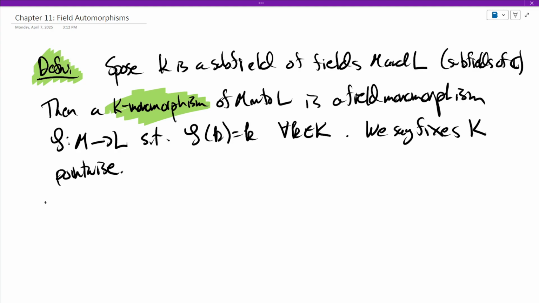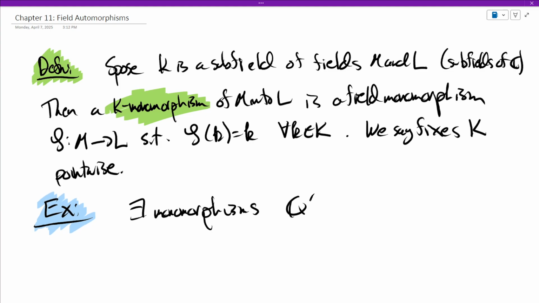All right, so let's look at an example of this new definition. We've seen that there exist monomorphisms from Q adjoin alpha to C, where alpha is the real cube root of 2.